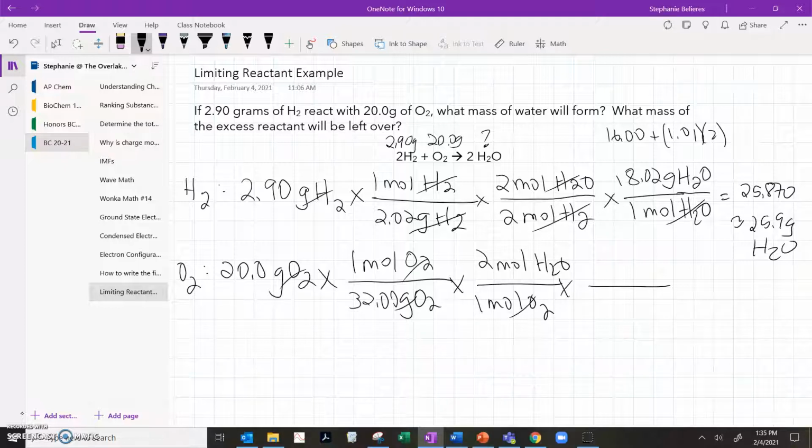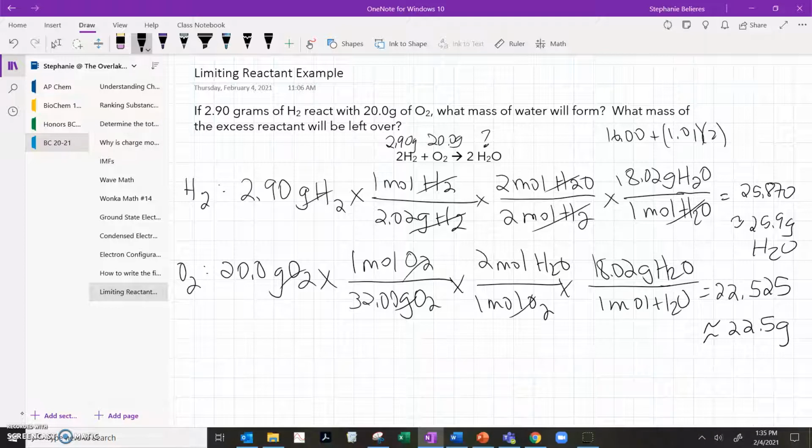Canceling, and then this step is just exactly the same. This is going to give me 22.525 or 22.5 grams. All right.